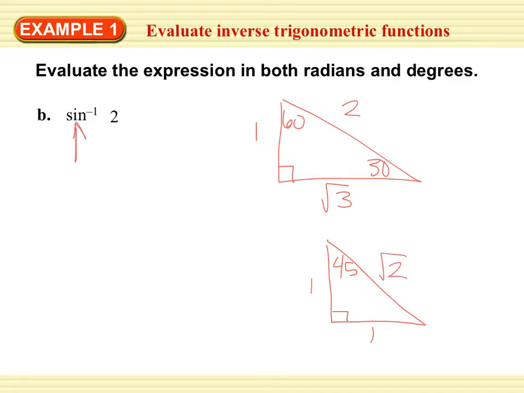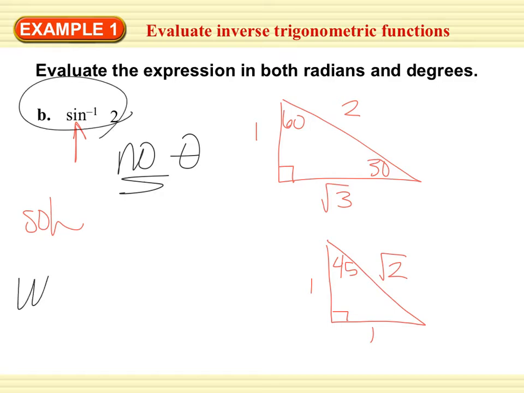For the sine function, which is opposite over hypotenuse, that's not 2, because my hypotenuse is always in the denominator. That doesn't work. So there is no angle that works for that function. So we say it's undefined.